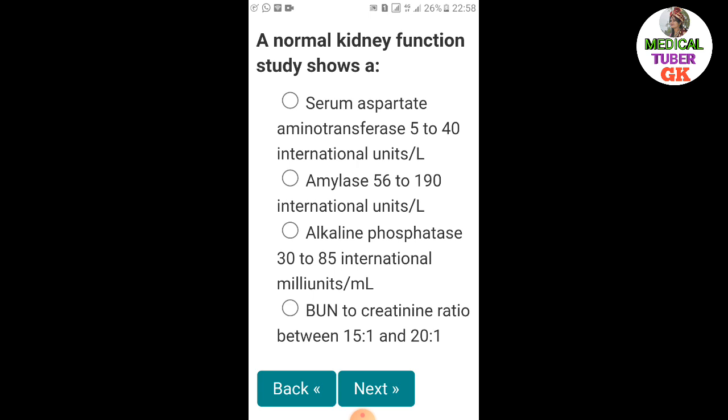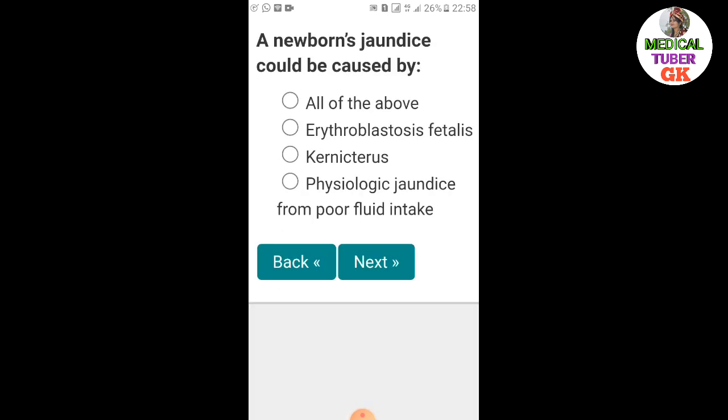And the correct answer is option number 4, BUN to creatinine ratio between 15:1 and 20:1. Next question.